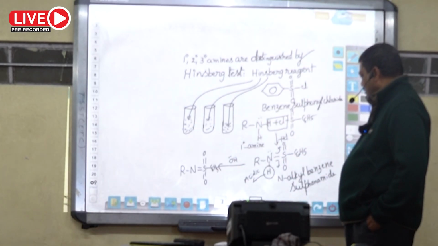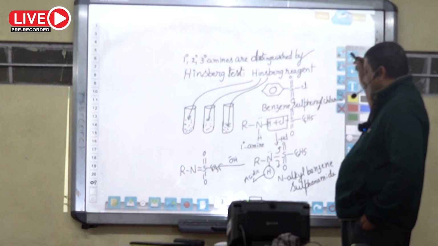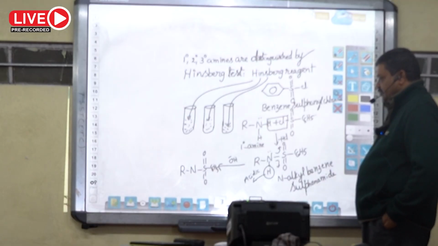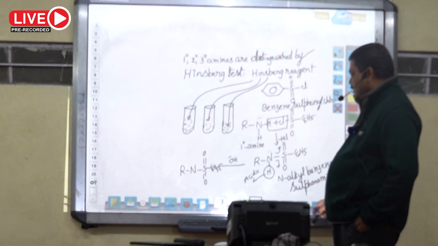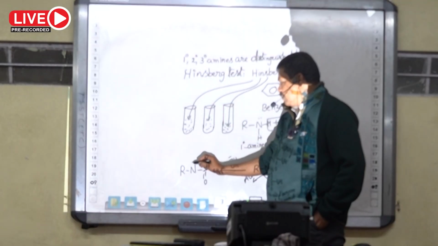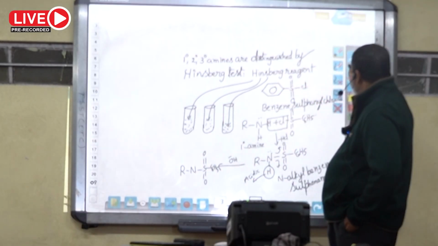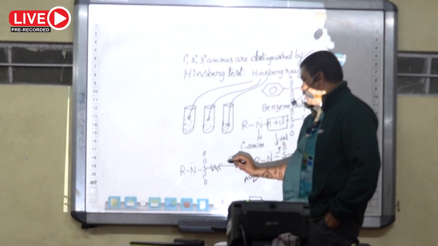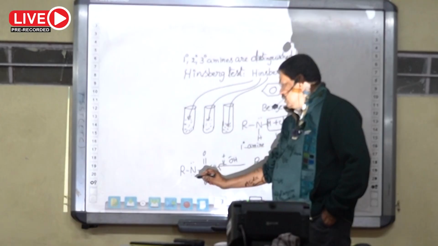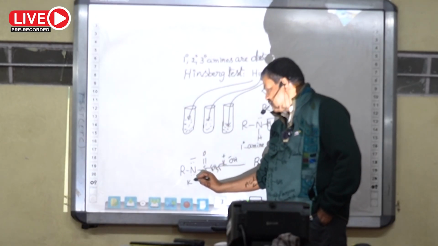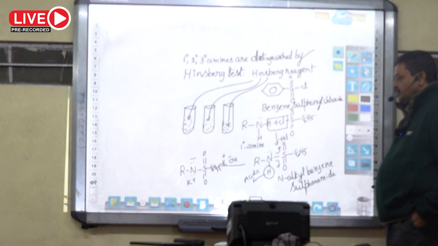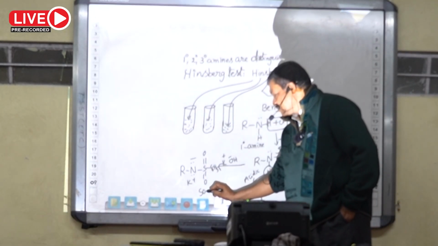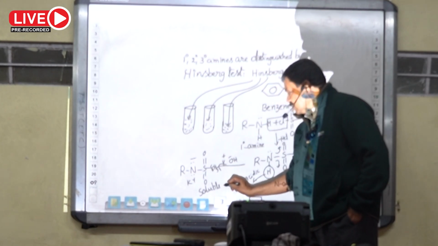No need of double bond. When you write double bond, the number of bonds are becoming 6. So this becomes N minus after H plus is gone. Suppose if it is KOH, N minus K plus. You will get a soluble salt.